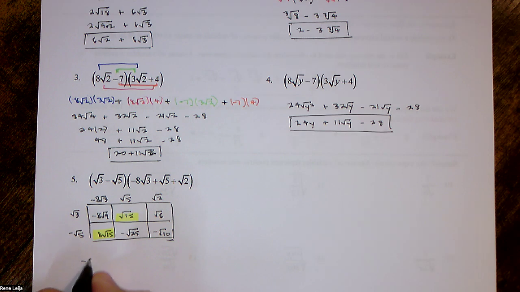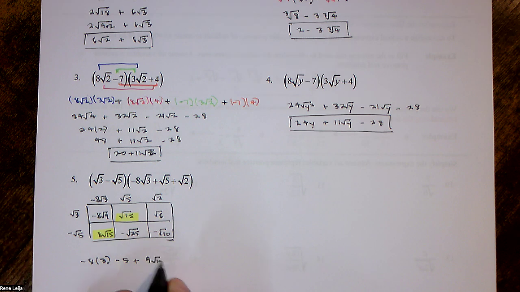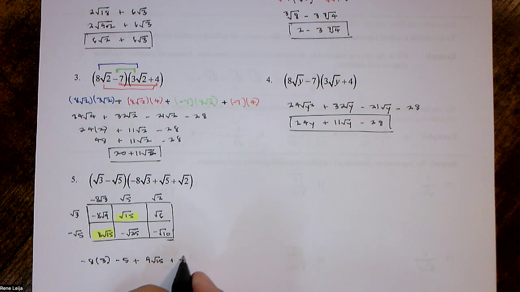So this would be minus 8 times 3 minus a 5. And then these are going to be plus 9 root 15. And then we have plus the square root of 6 plus the square root of 10.